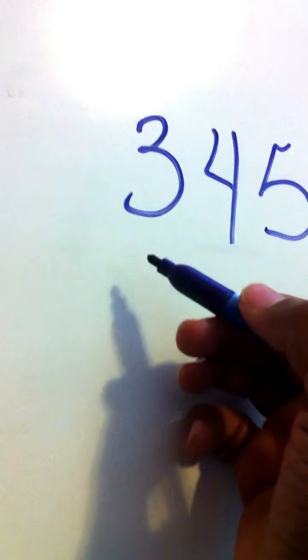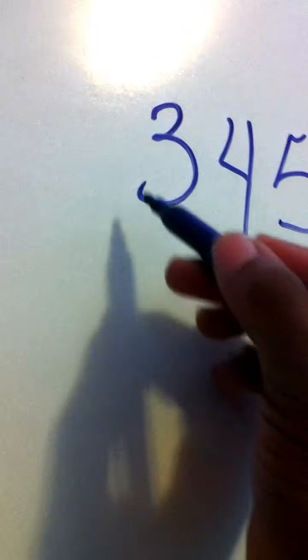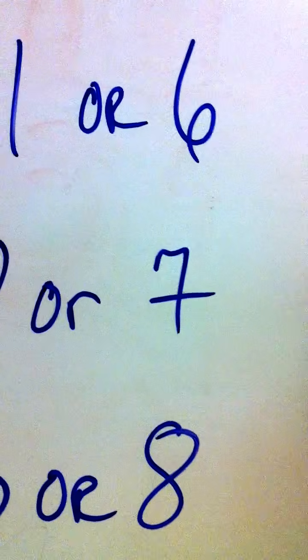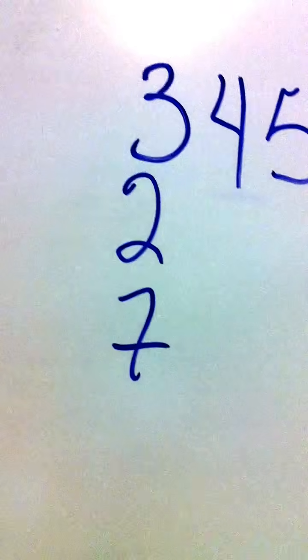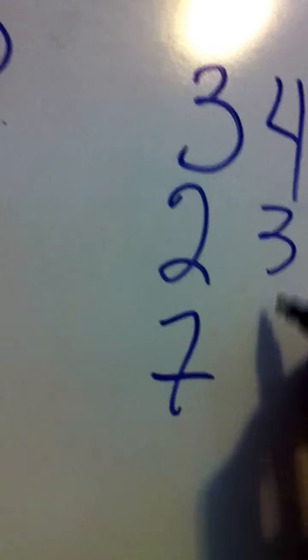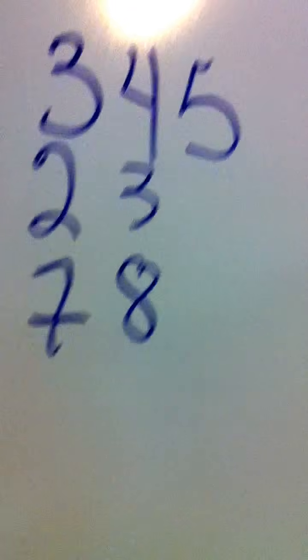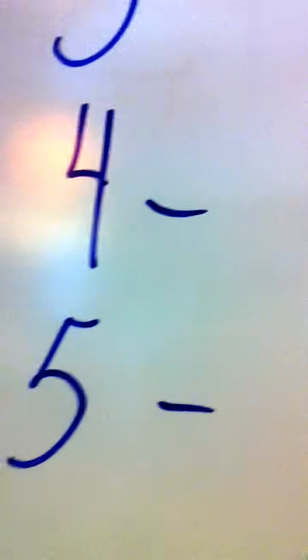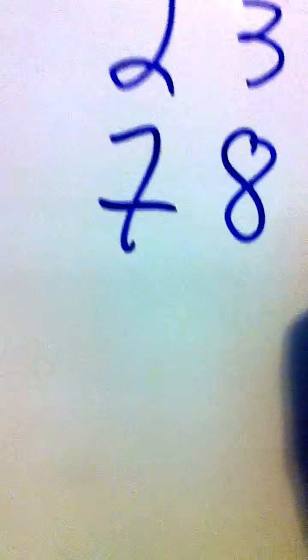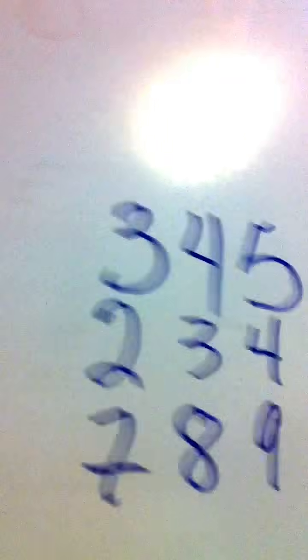If this had fallen for midday, I would say a 3, and I look over here on my chart, a 3 sometimes brings a 2 or a 7, and I write 2 and 7 up under that. A 4 I know brings a 3 or an 8, so I would put a 3 or an 8 there. 5 may bring a 4 or 9, so I put 4 or 9. Sometimes, as you see, again, my theory proves numbers go in a circle.